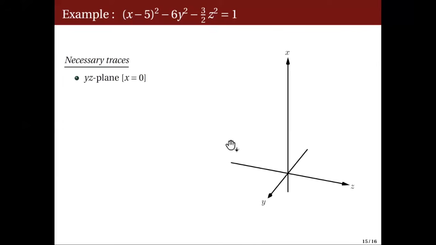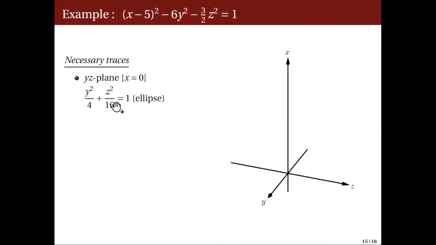Let us consider the trace on the yz plane. The yz plane has equation x equal to 0. When I set x to 0 here, the remaining term negative 5 will be squared, and when the resulting equation is simplified, you can check that we can rewrite it in the form y squared over 4 plus z squared over 16 equal to 1.